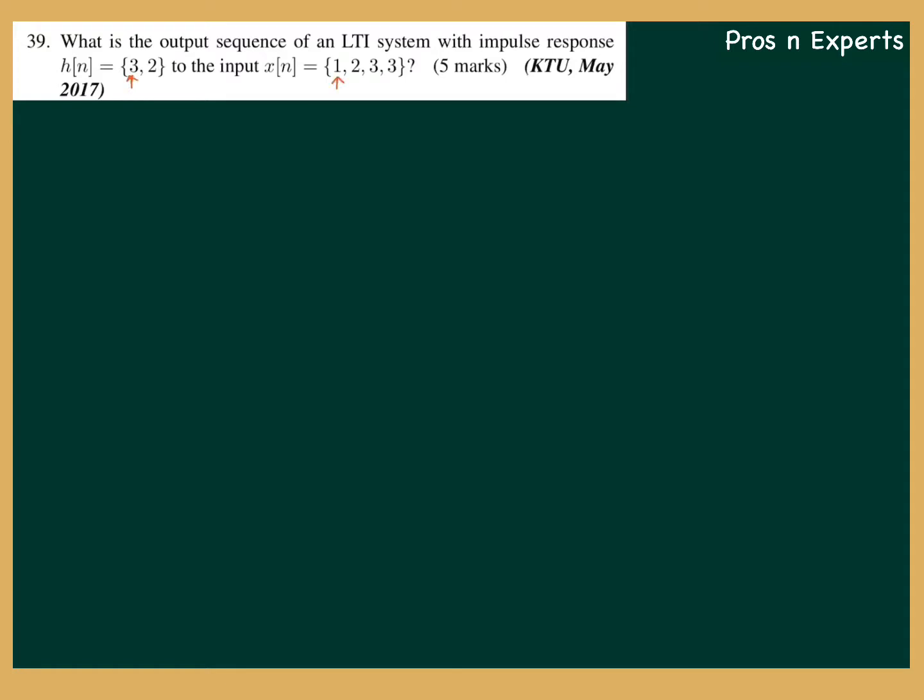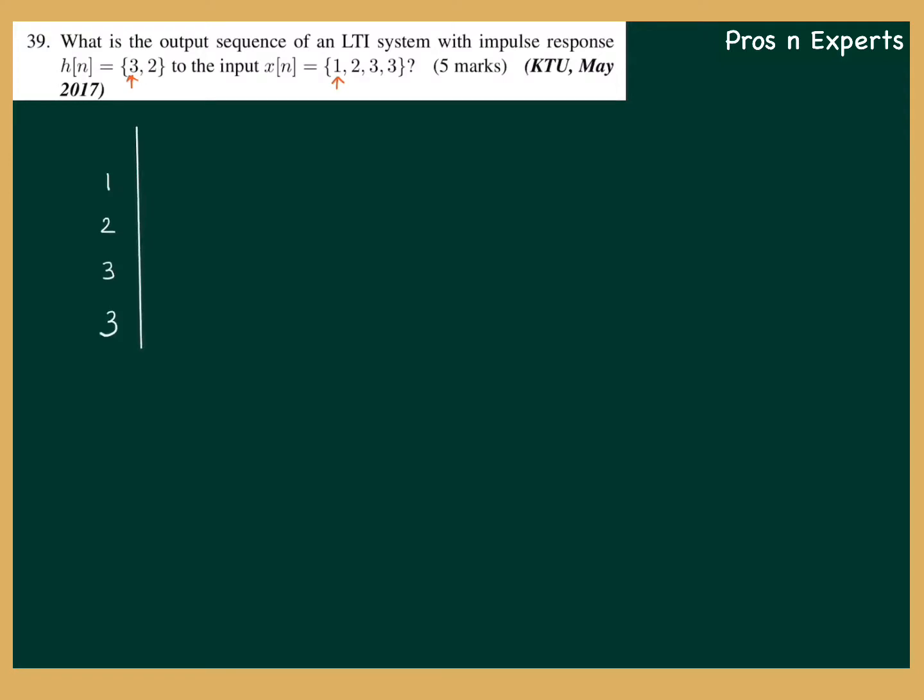And we have done quite a few problems on graphical solution to convolution, so I think this time we can go to the tabular method. For the tabular method, what we have to do is write the sample values of x of n and h of n in tabular columns.